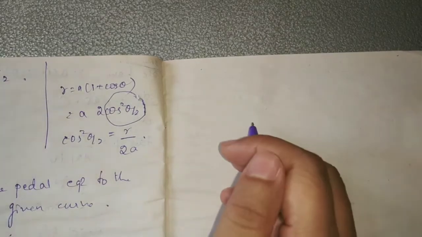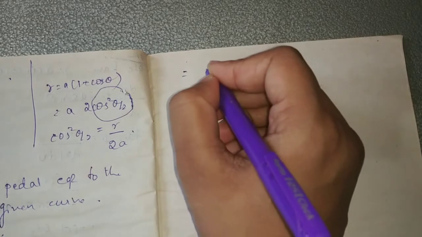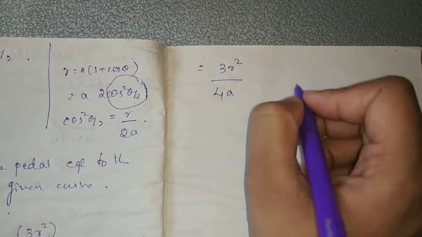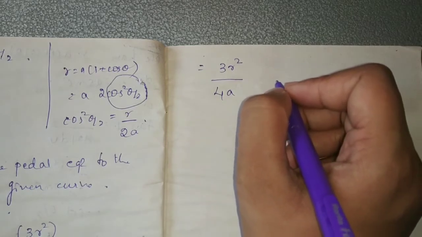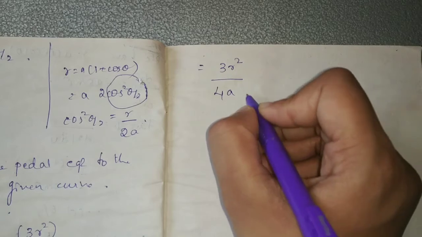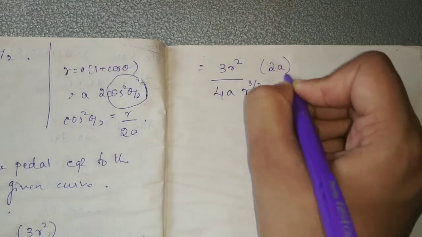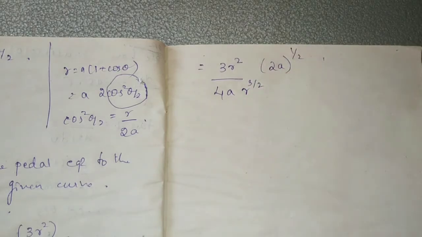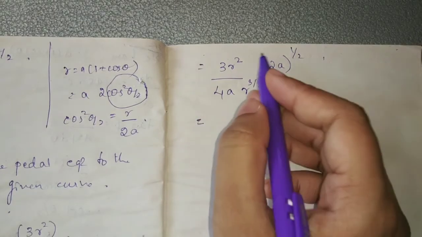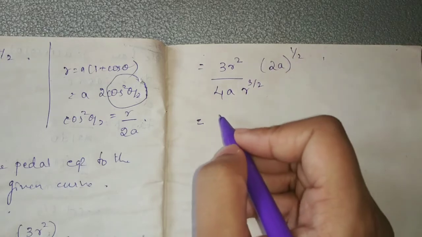Now simplifying, it will be equal to 3r square divided by 4a, r raised to 3 by 2, and if we take the square root of 2a to the numerator, solving, r raised to 3 by 2 is there, r raised to 2 is there, here 3, here 2 raised to 1 by 2 is there.